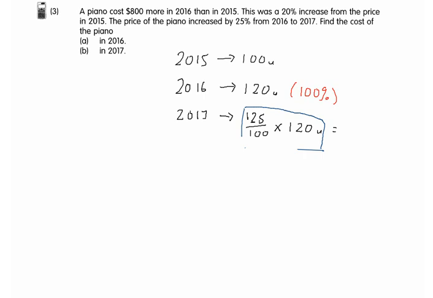You get 150U, 150 units at the end. Can you all see what's happening? Who is lost? Which part?